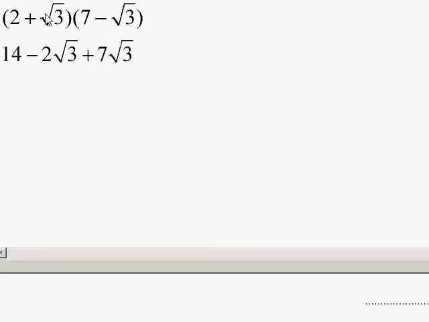And we're going to have √3 times minus √3. Well, it's going to be minus √3 times √3. The square root of 3 times the square root of 3 equals 3. That is true for all numbers: the square root of some number times the square root of that same number will simply be that number.